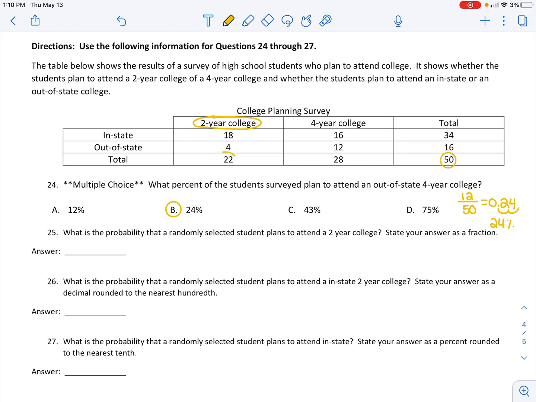So we're going to just look at the total number of people who plan to attend a 2-year college, which is 22. Out of 50. It's always that lower right-hand total that we use as our denominator. So if I have 22 out of 50 and I reduce that, I'm going to get 11 out of 25 as my reduced fraction.